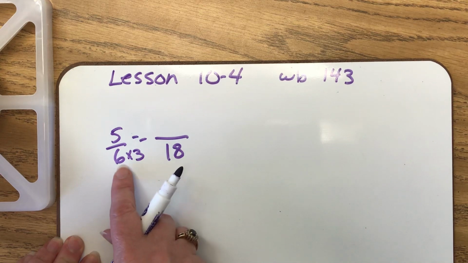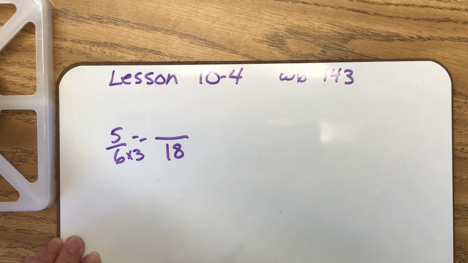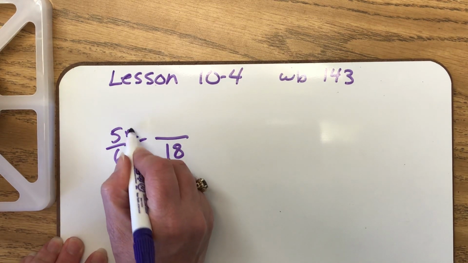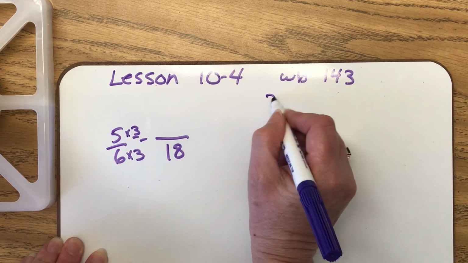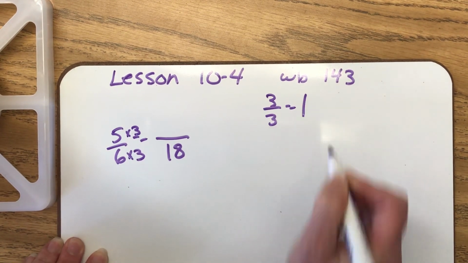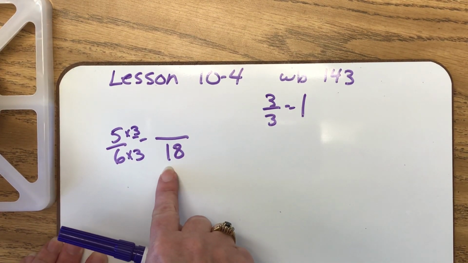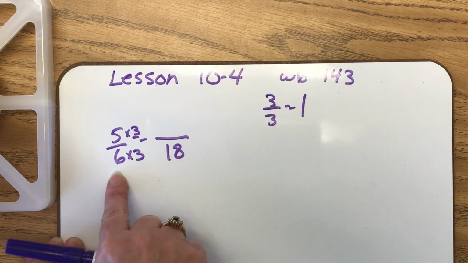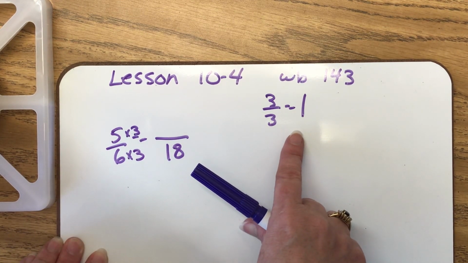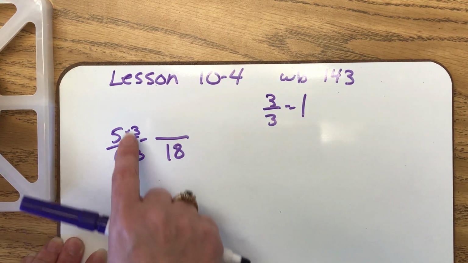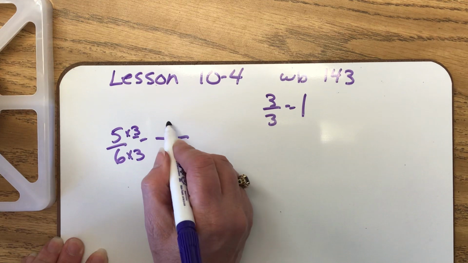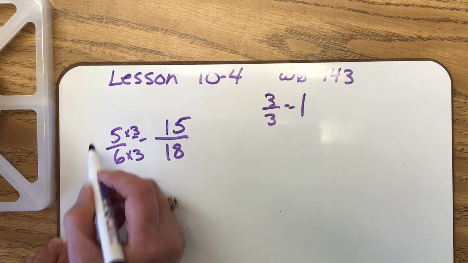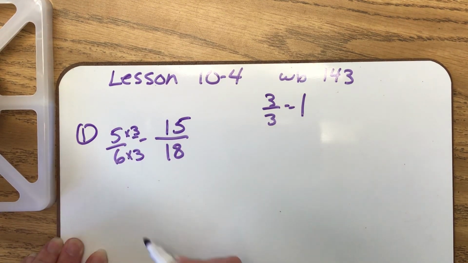So that means if I multiply my denominator by 3, I also have to multiply my numerator by 3, because now I'm multiplying by 3/3. 3/3 equals 1. So the new fraction I'm going to get will be equivalent to 5/6 because I am multiplying by 1. It's just that I'm writing 1 as 3/3. So 6 times 3 equals 18. 5 times 3 equals 15. Right, that's number 1 on page 143.